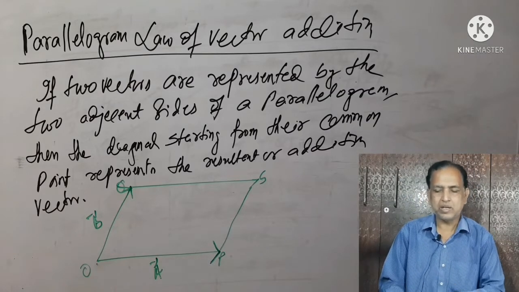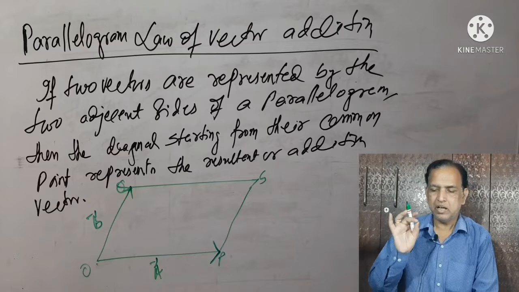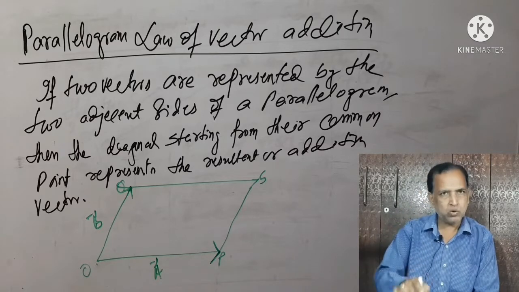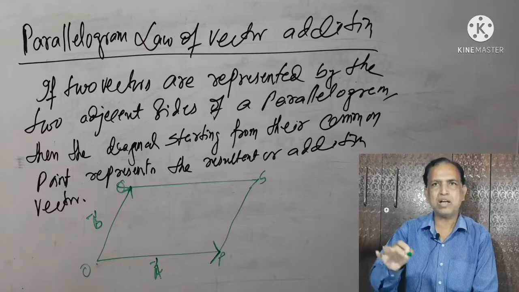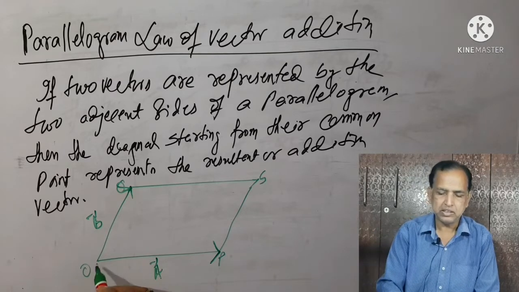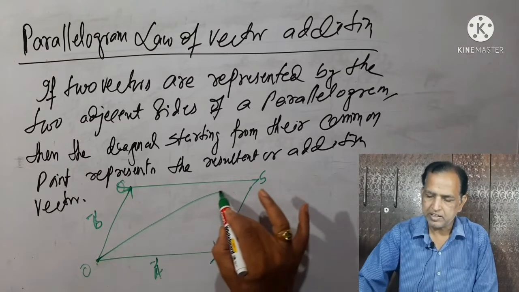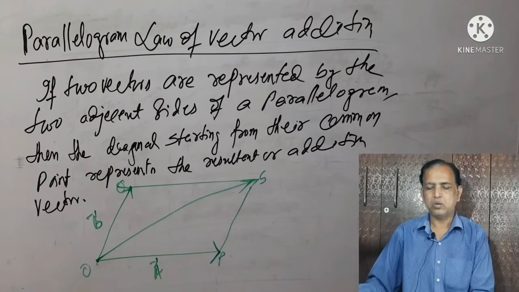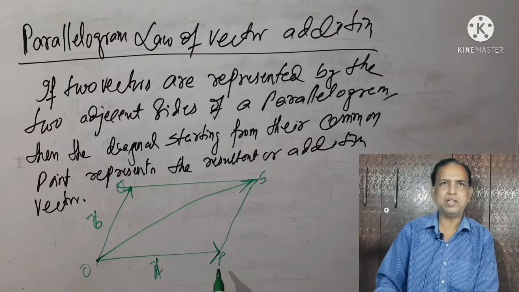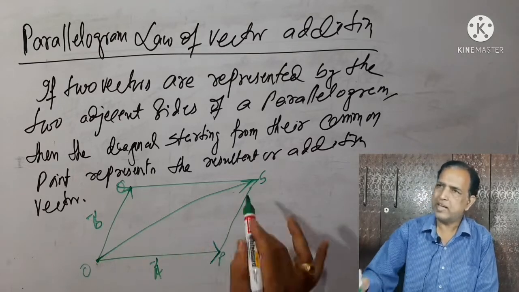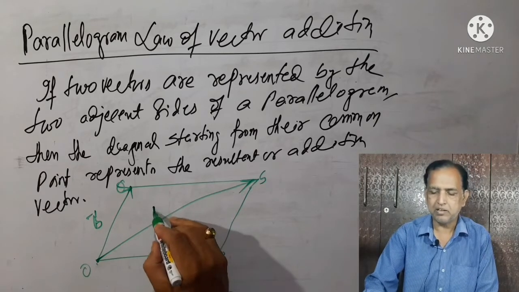The resultant is the diagonal starting from their common point. This is the common point O, and this is the diagonal OS. OP is vector A, OQ represents the vector B, OS represents the vector R.